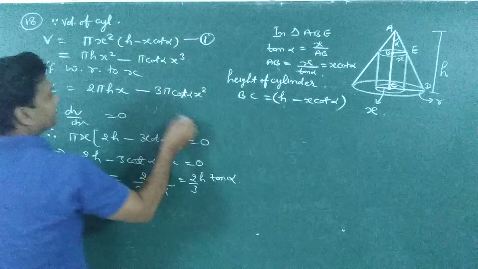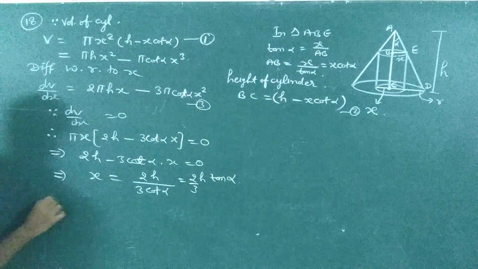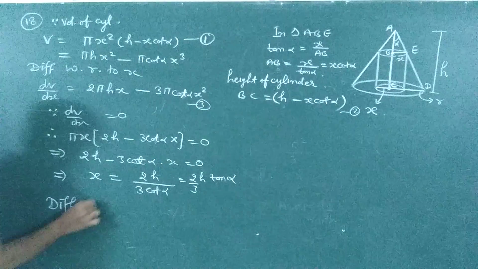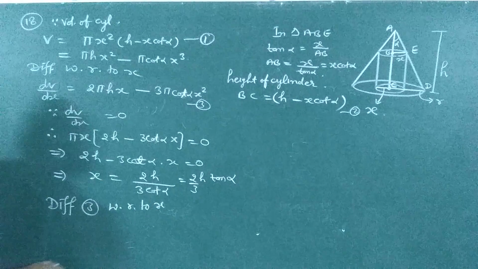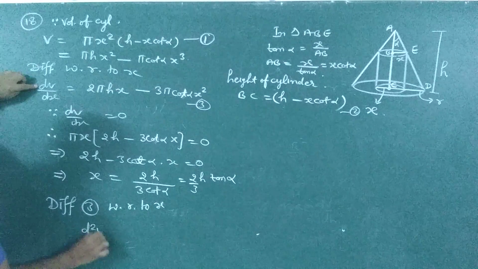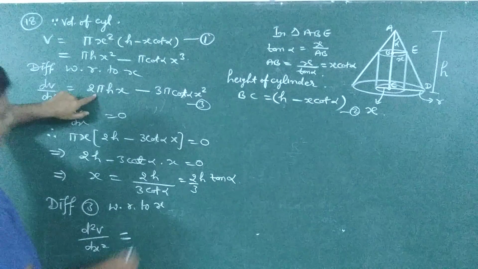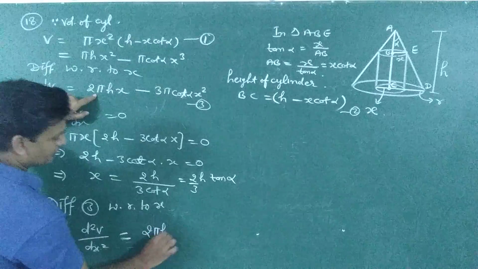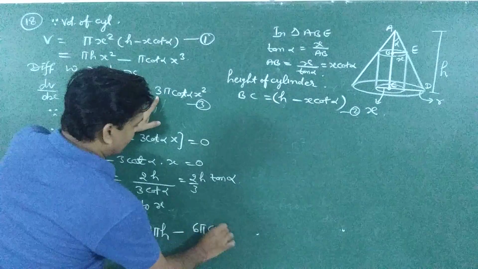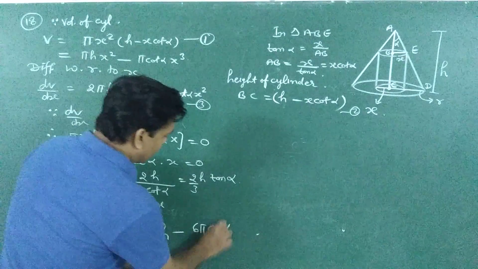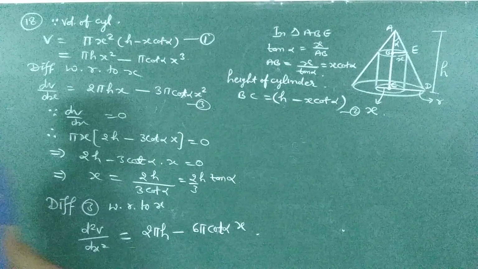Differentiating once again, d2v by dx2 is equal to 2 pi h minus, differentiating again, 6 pi cot alpha into x. This is the value of d2v by dx2.